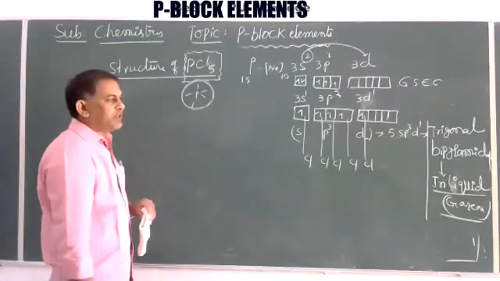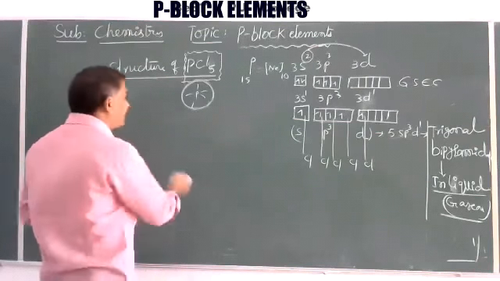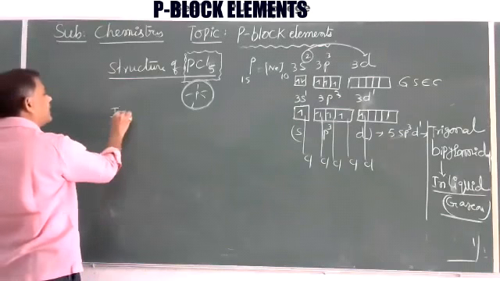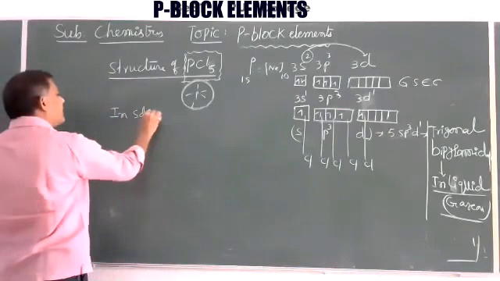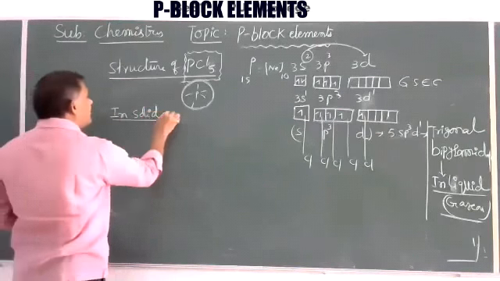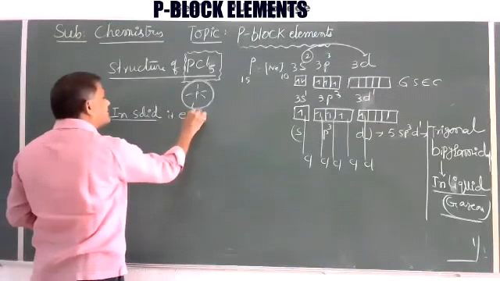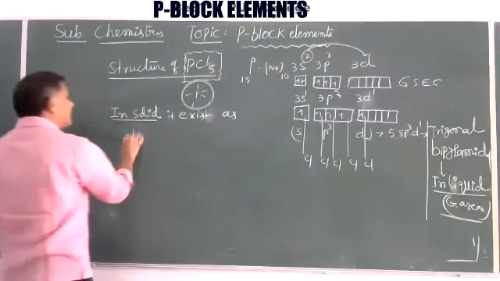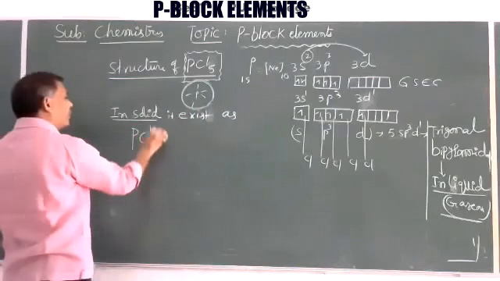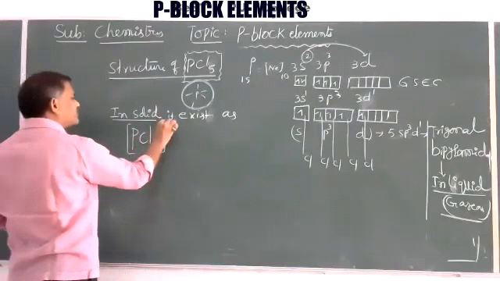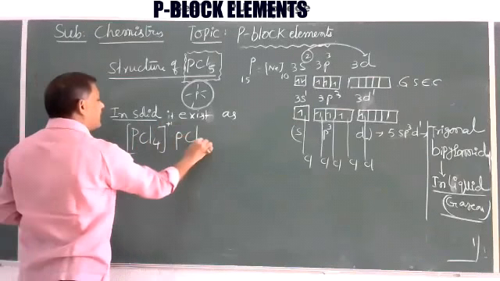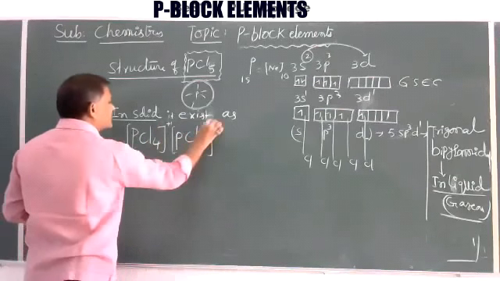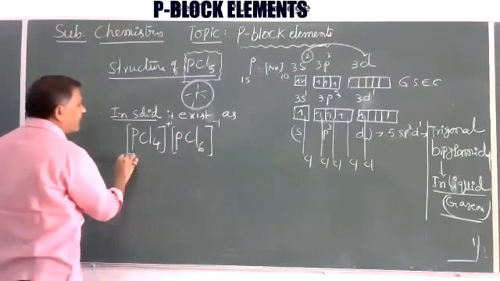Hybridization is sp3d, whereas in solid state, it exists as PCl4 plus 1 and PCl6 minus 1. Very, very important.